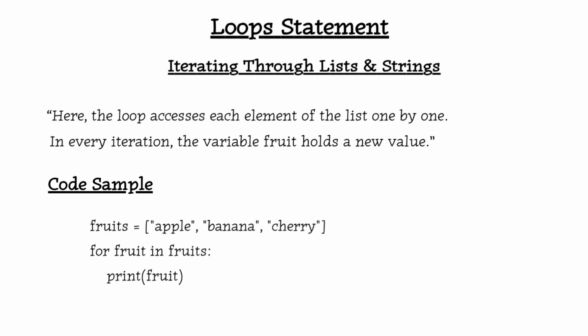And then I'm using the for loop to iterate over each object of the list, like for fruit in fruits, and then I'm using the print function to print each object from the list. So this is how we can use the for loop to iterate over a list, string, and other types of iterable objects. So this is how it exactly works in Python using the for loop.